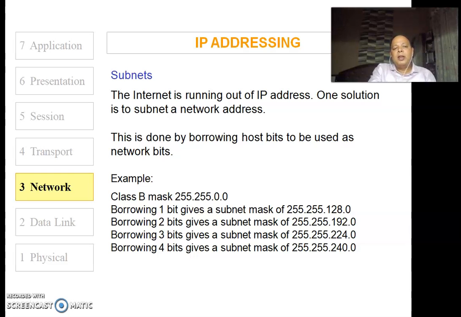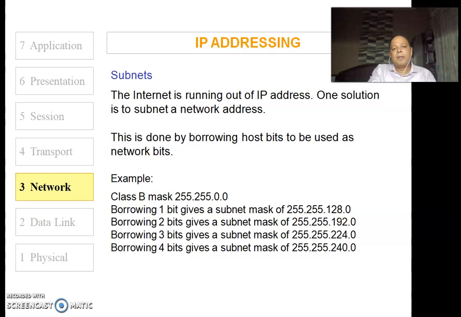Now, another important aspect of the network layer is subnets. Why are subnets used? Because there is a limitation: the internet is now flooding with the number of nodes, and they use a system called IPv4, or now a system called IPv6.